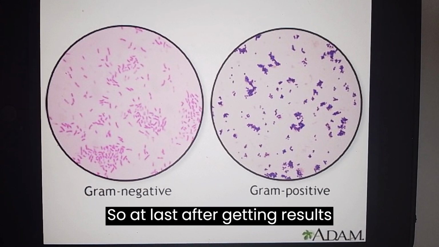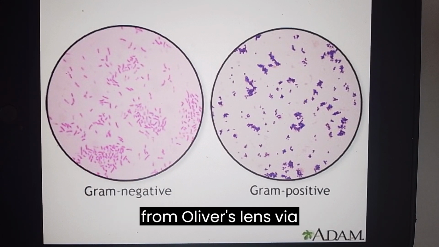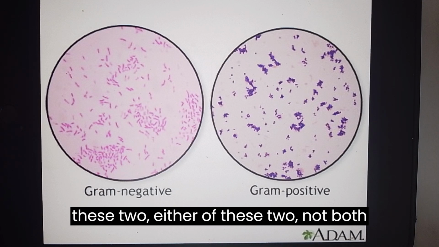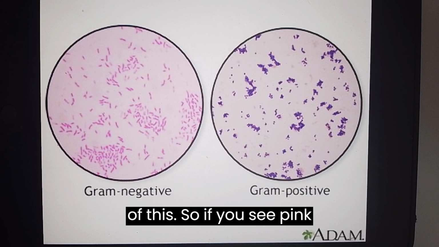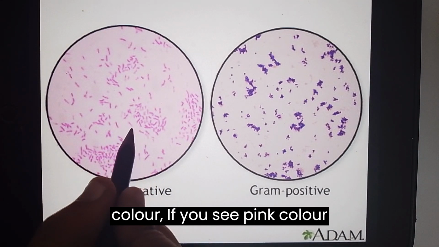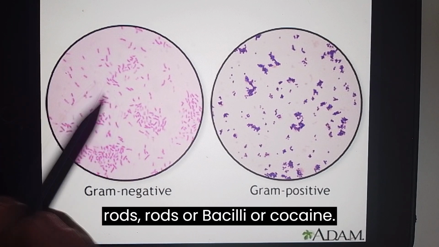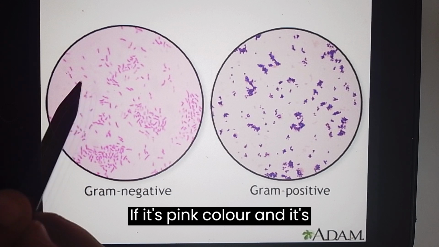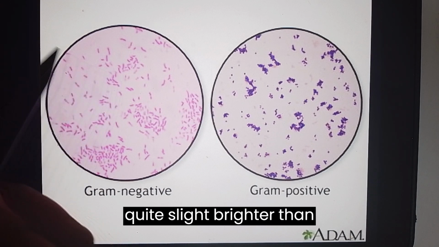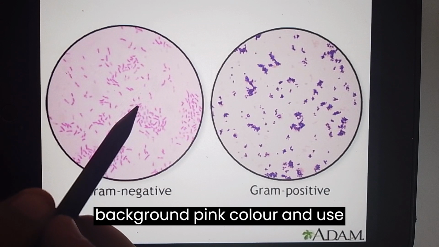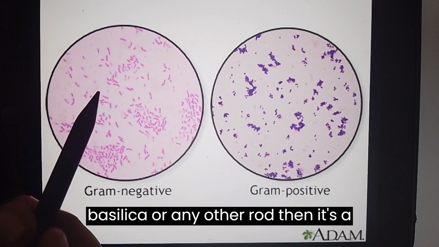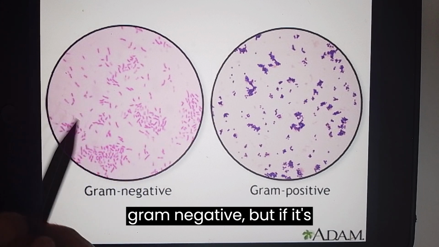So at last, after getting results from the oil immersion lens via microscopy, we are seeing either of these two, not both. If you see pink color, rods, bacilli or cocci, slightly brighter than the background pink, then it's gram negative.